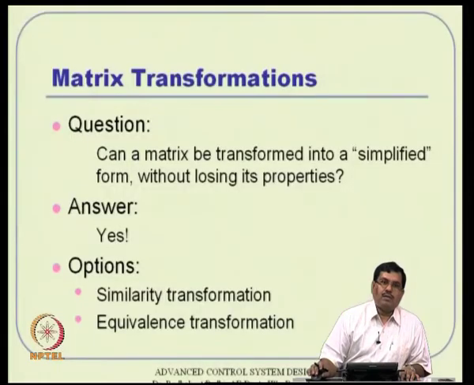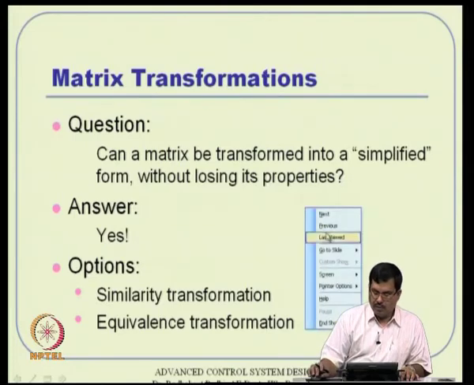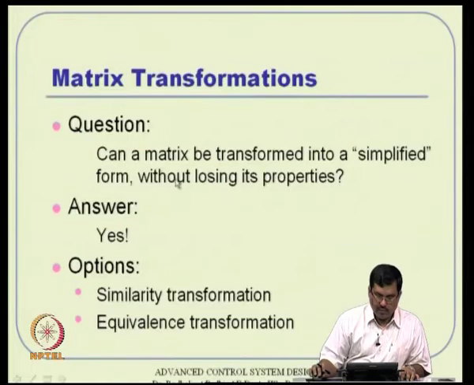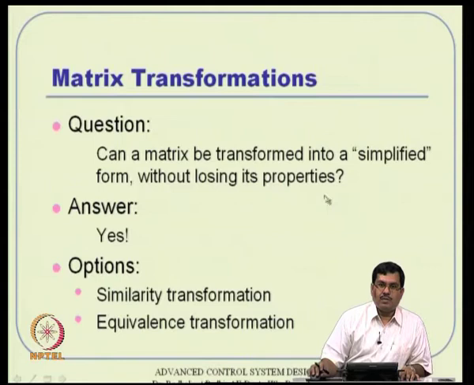Okay. So, the first thing that comes to mind is something called matrix transformation. The question that we are asking here is this: suppose we have a matrix A, can this matrix be transformed into a simplified form without losing its properties?